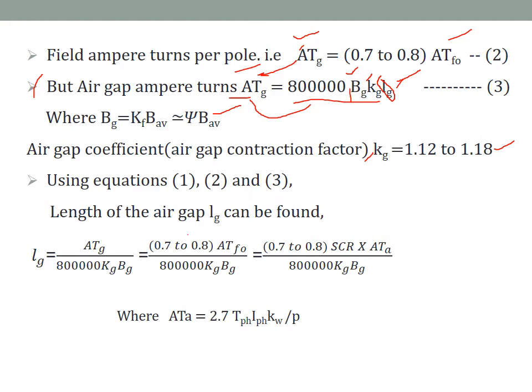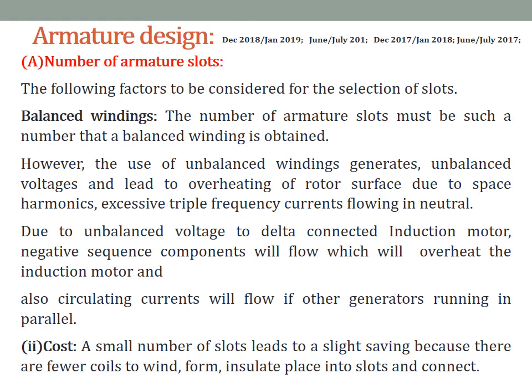What is ATG? 0.7 to 0.8 ATF0, divided by 800000 Kg BG. What is ATF0? You can substitute SCR into ATA. ATA can be calculated using this equation. Substitute here, assume SCR, Kg, BG, and find LG, the length of air gap. This can be found out. Now coming to armature design, number of armature slots.